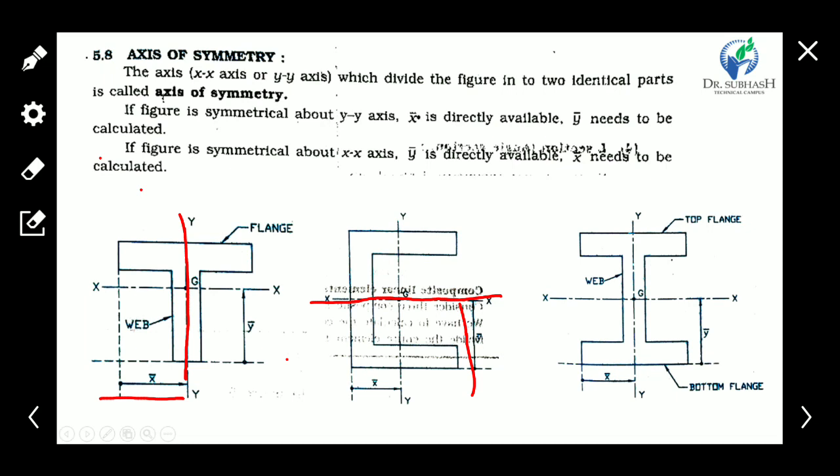And similarly, this I section is symmetrical about the x axis, and we directly get the y bar, but we have to find out the x bar.